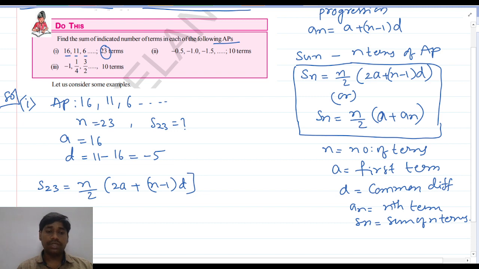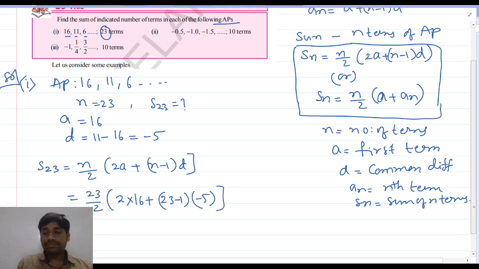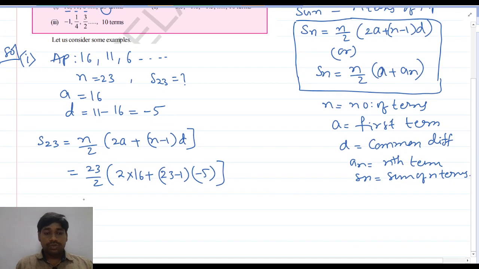After writing the formula, 23 by 2 of 2 into 16 plus 23 minus 1 into the common difference minus 5. So 23 by 2, 2 times 16 is 32, and 22 into minus 5 becomes minus 110.